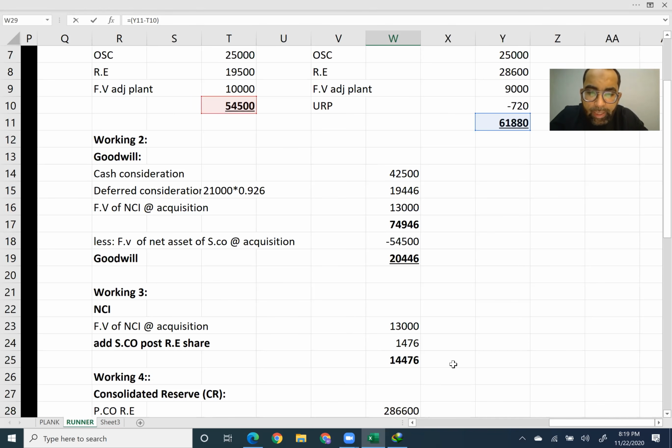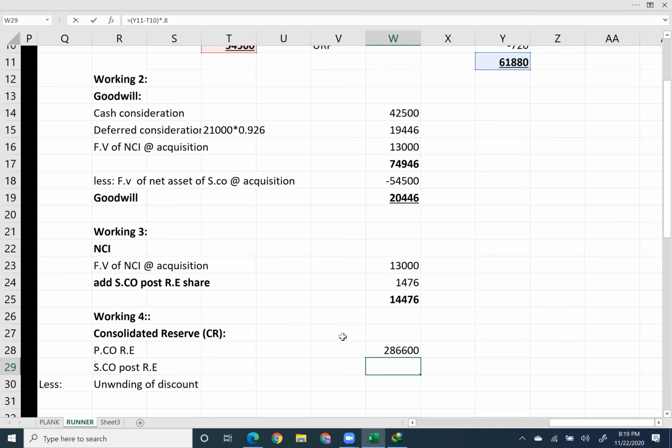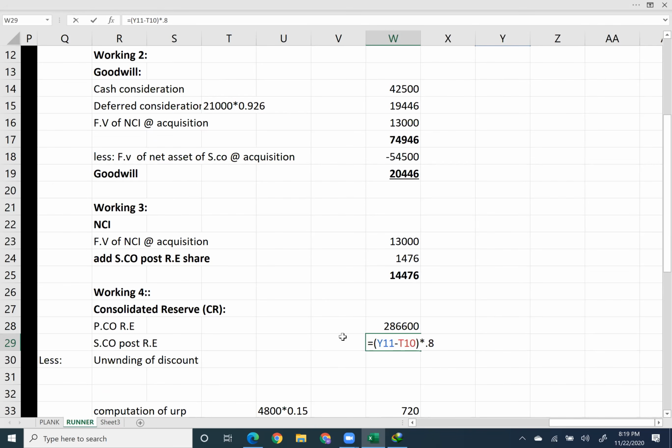So multiply it with 0.8. You can see the formula on the screen on the top. So let me press enter and that's done.